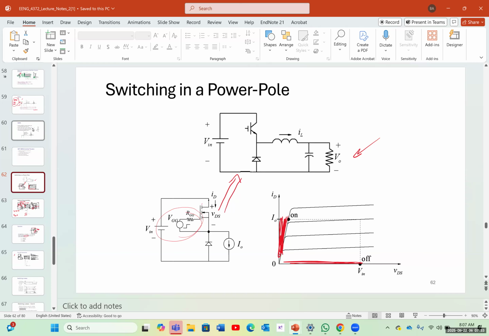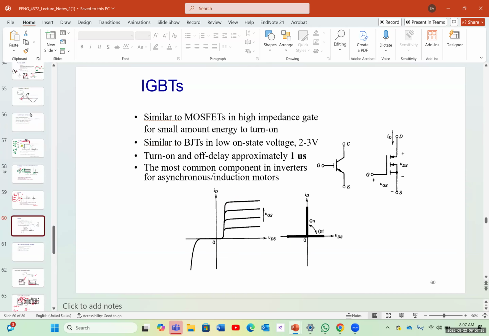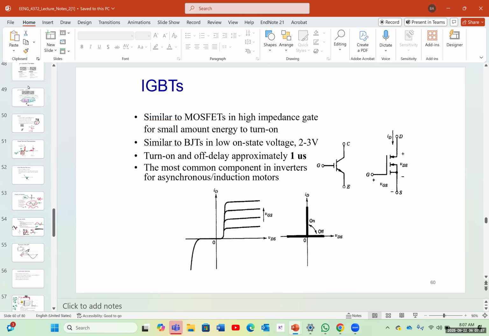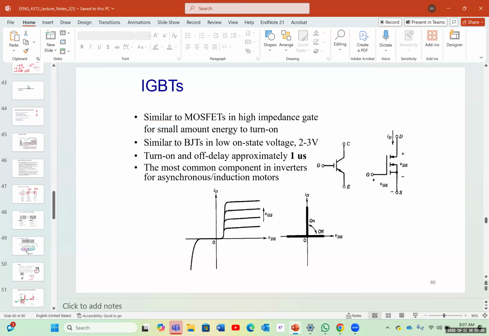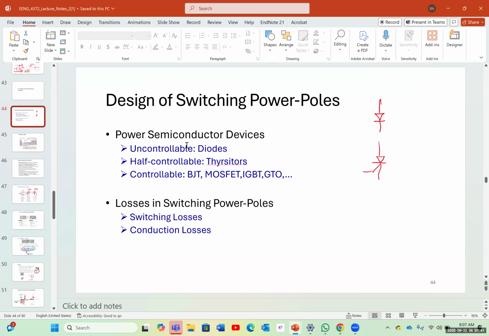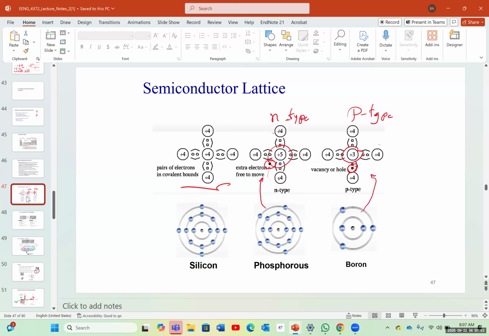We learned that we have three different types of switching tools. We have uncontrollable, which are diodes. We have half controllable, which are thyristors, and we have controllables. And we went a little into the details of semiconductors and how the p-n junction works.